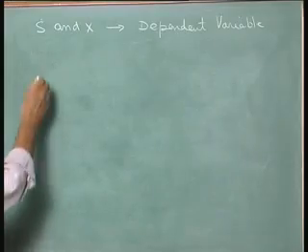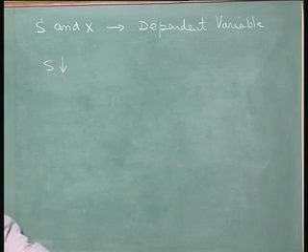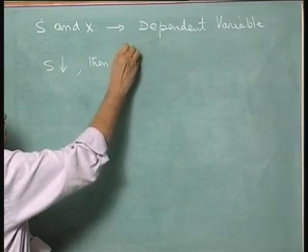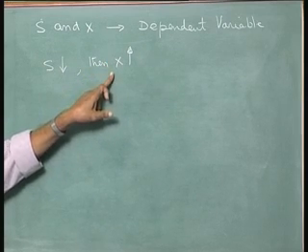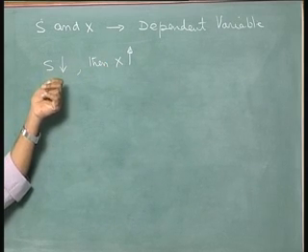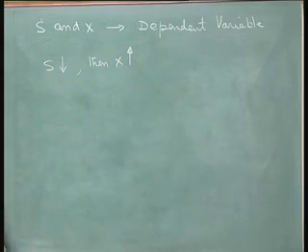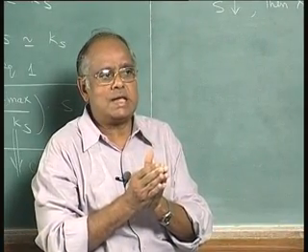So, in other words, as S is decreasing, that is what I will show with the decreasing arrow mark, then X will increase. There is an increase in the concentration of X because of a decrease in the concentration of S, that is why they are dependent variables, and hence I can derive an expression between them, between S and X.